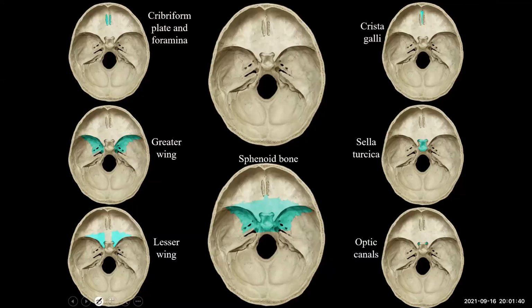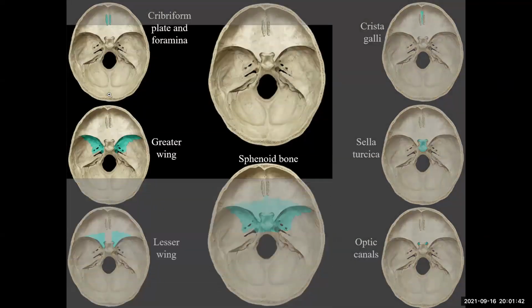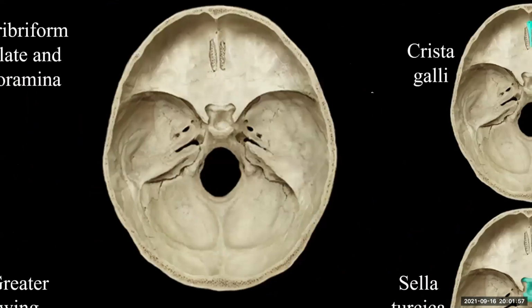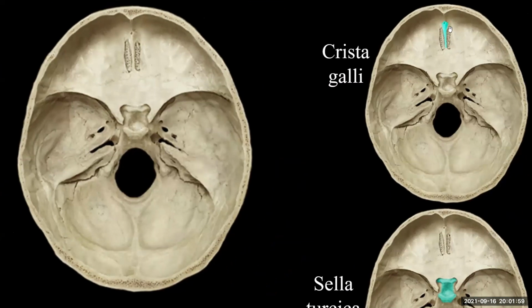So if we look here, let me zoom in. Here's your frontal bone, all up in here. And in the center here, you have your ethmoid bone. Okay, so here's your ethmoid bone, right in through here. And in the center, you have the crista galli.